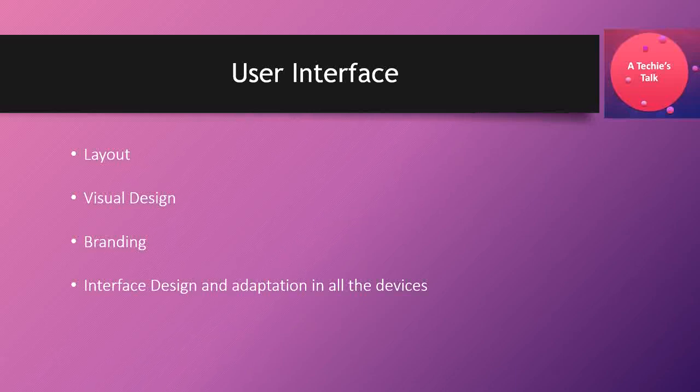We will be testing whether it is suitable for all devices, and that this page will work perfectly for the next level. Before developing the interaction between front end and back end, we need to check whether the UI, that is the user interface or the visual design for that particular web page, is fine and will work on all devices. Compared to the previous level, in today's modern technology we have a lot of devices.